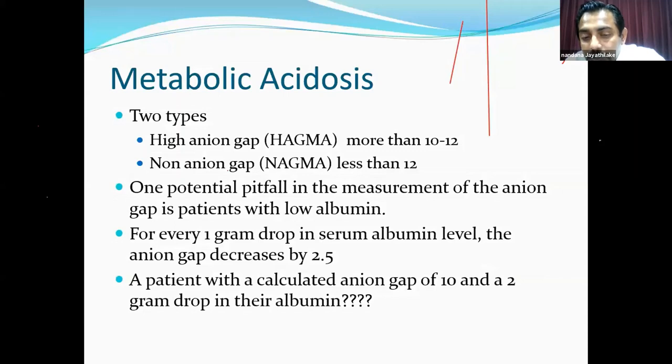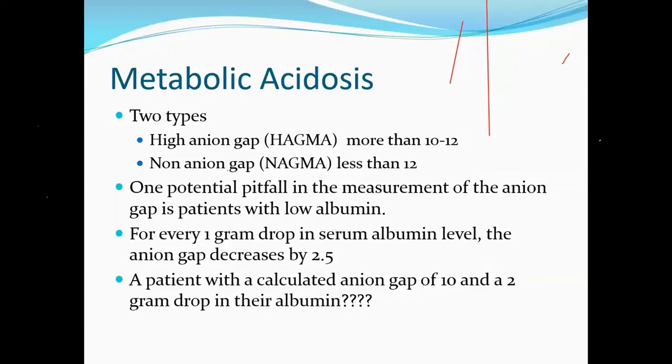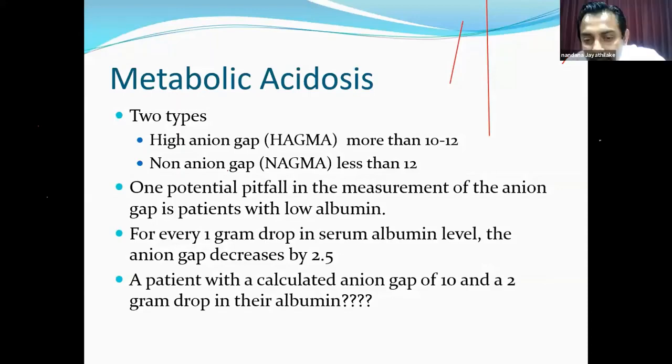Calculated anion gap of 10, but the patient has a 2 gram drop in the albumin. 15. So it should be 15. You are correct. I'm sorry. It is 15.